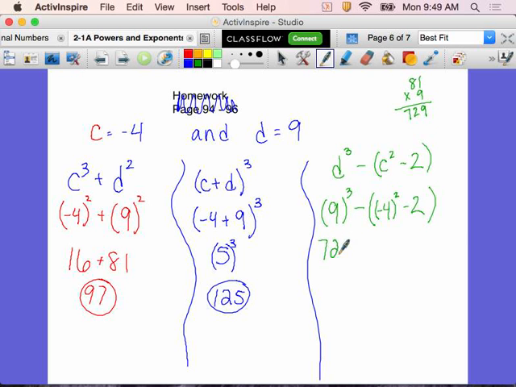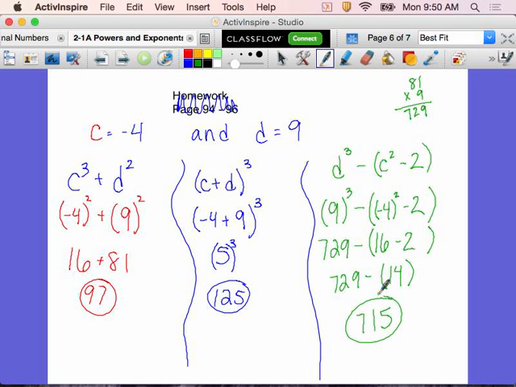Oh yeah. 729 minus my group here. -4 squared. So -4 times -4 is positive 16 minus 2. And now I can finish my group here. 729 take away, this is positive 14. And then 729 take away 14 will be 715, right? Yeah, 15.